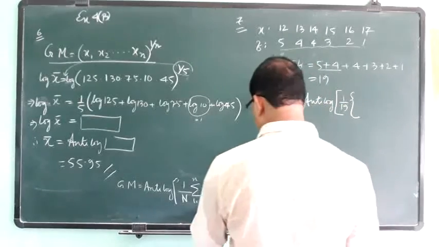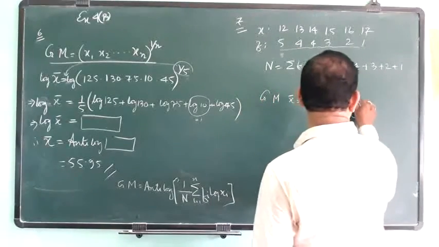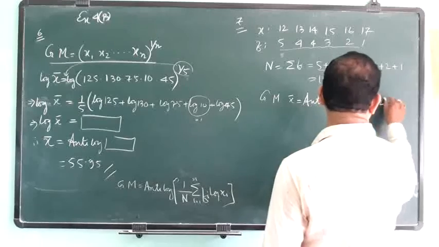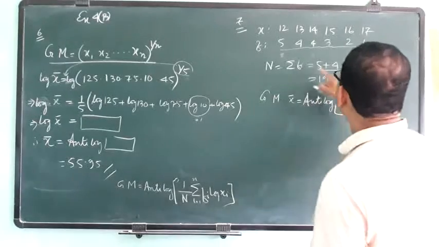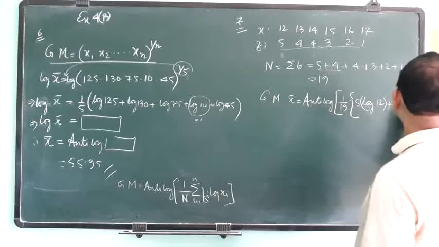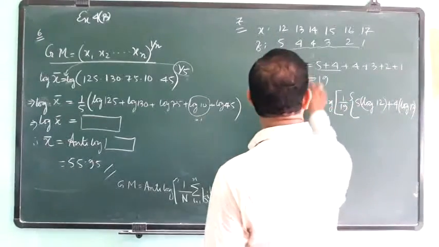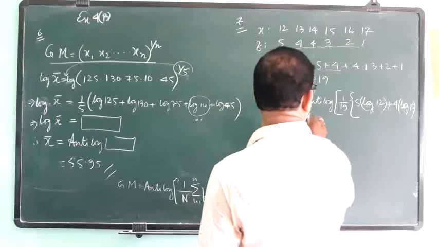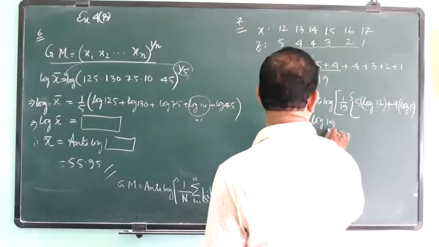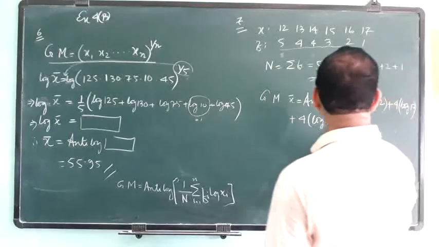Then fi into log xi. Suppose here 5. You multiply this with log of 12, plus the second frequency, that is 4. You should multiply with log 13. Then the third frequency 4. You multiply with its corresponding mark, that is 14. So this way we will continue. Then 3.